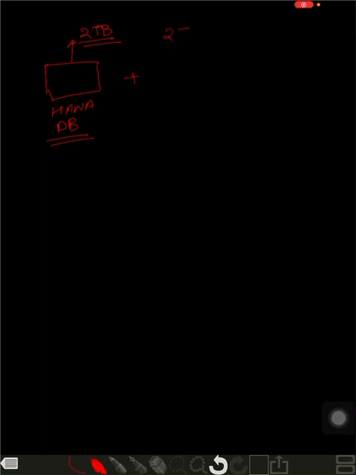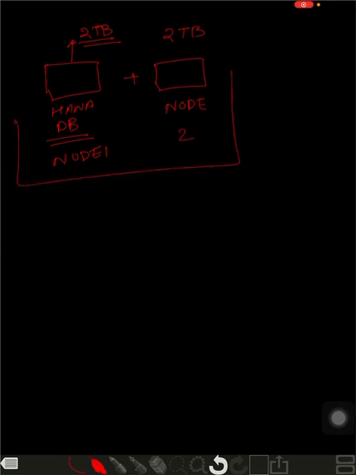If you add a 2 TB VM to the existing HANA database, node 1 and node 2, this type of architecture becomes a HANA scale out.